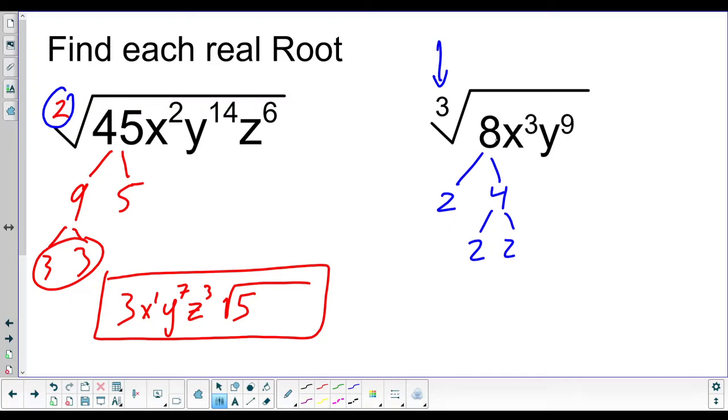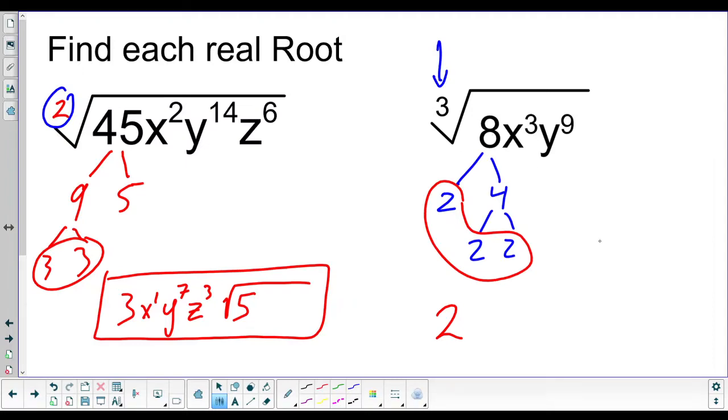So if we look at 8, we can make a group of 2s because we have 3 of them. So this group gets to go outside, and then there's no leftover numbers. Everyone, this is like a group of 3 best friends who kind of just agree that they're all each other's dates to homecoming, right?